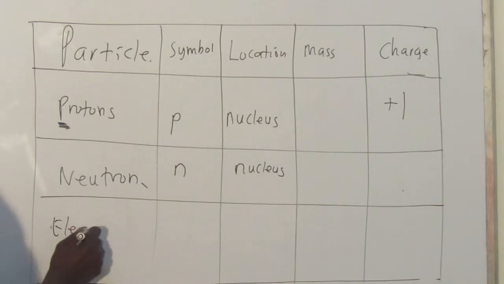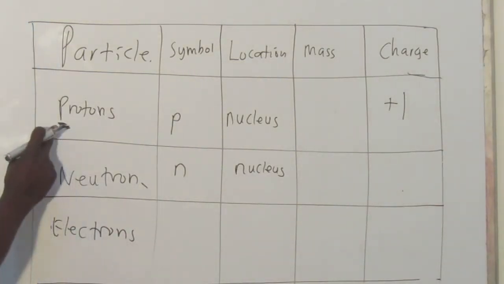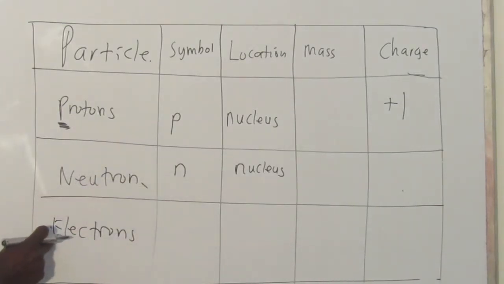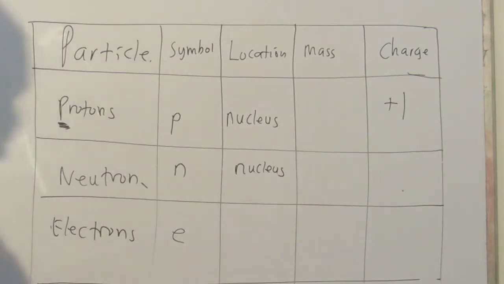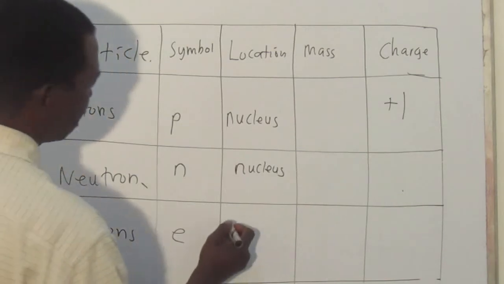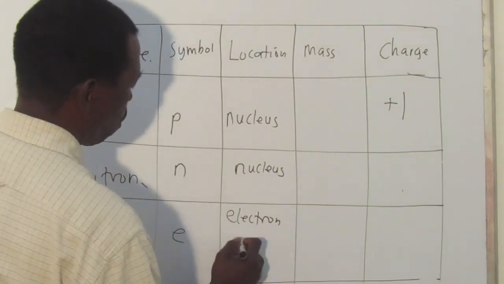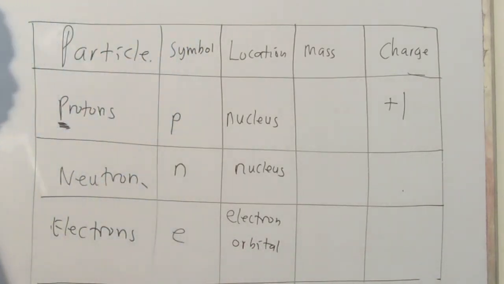Like the way we've written a small p, and a small n, we are also going to write the e, and that one will say this is the electron. Where are they found? The answer is they are found in the electron orbitals, or in the electron shells. Now let's come to the neutron.